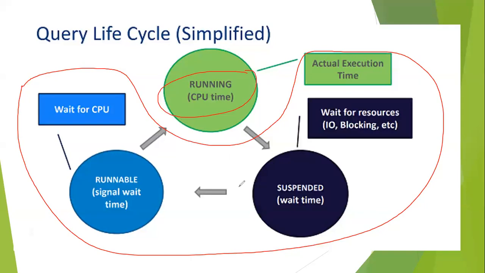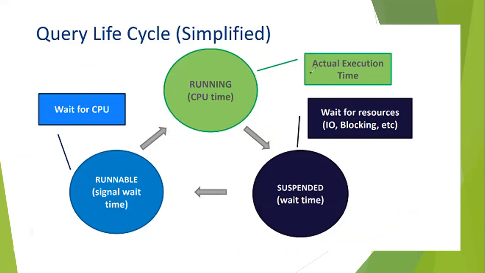If the thread is not on the CPU, either it could be in a runnable queue, or in a waiter list, or blocked, suspended, whatever it is, we call it a waiter thread, right? The actual execution time is the time the thread actually spends on the CPU.